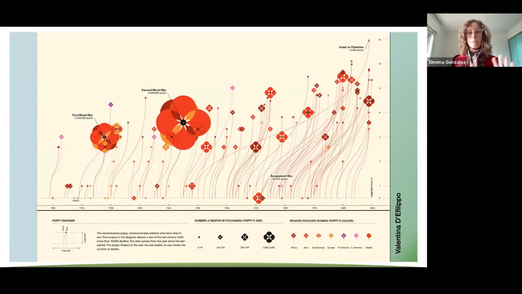So again, it's a bit like the tree one. They've taken something that can be pretty difficult to tackle and tried to convey something in a calm, peaceful way. Like, let's remember the people that have died in these wars, and remember them in a beautiful way.